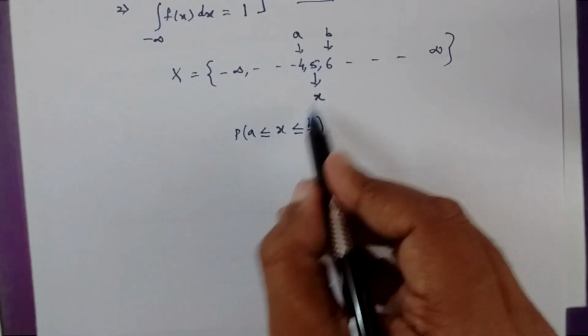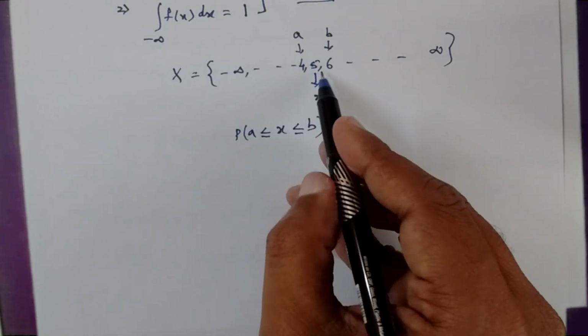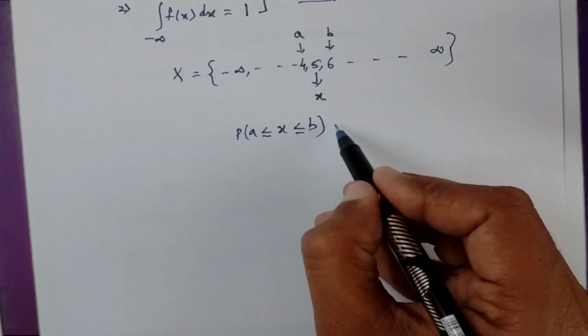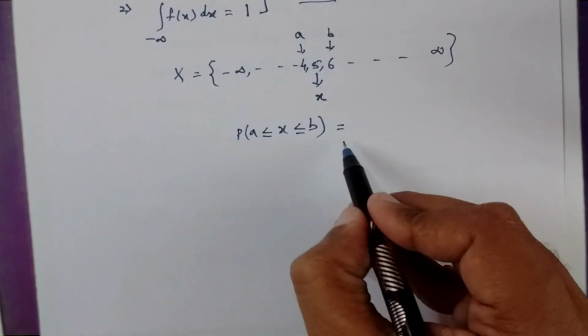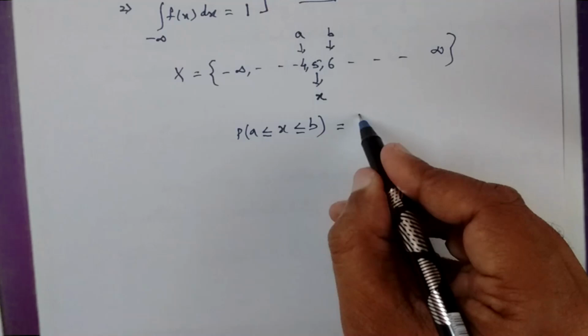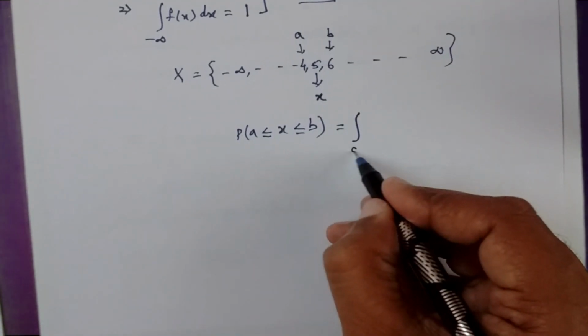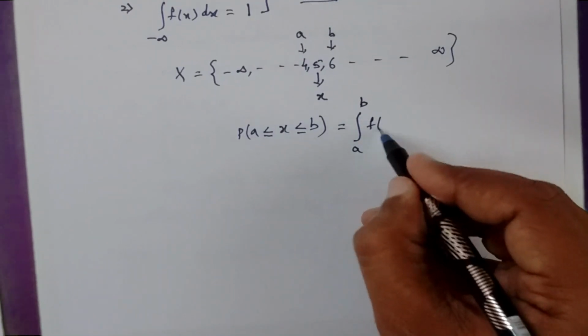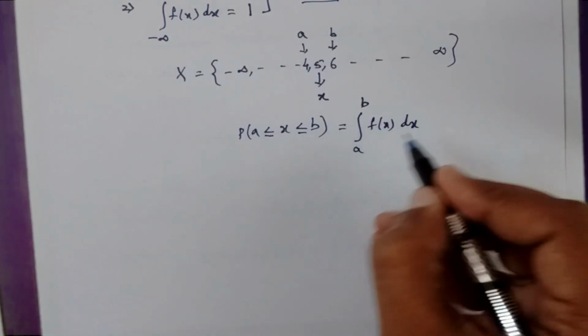What will be the probability that this value of x, 5 feet, will be lying between these two random values a and b? So you can calculate the probability of this value to be equal to the integral from a to b, because the end values are a to b, of f of x into dx. That is the basic formula.